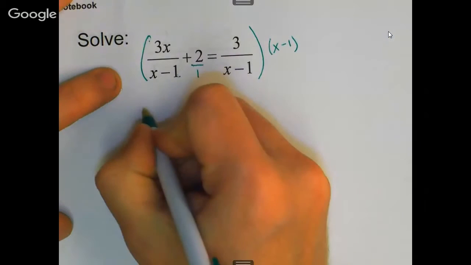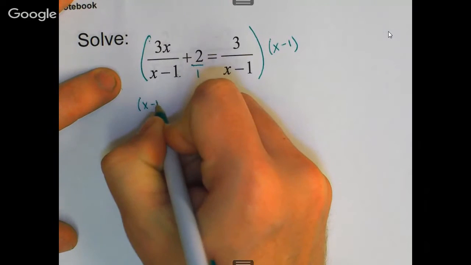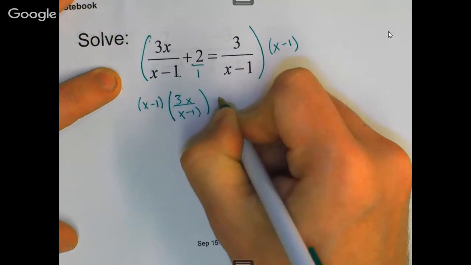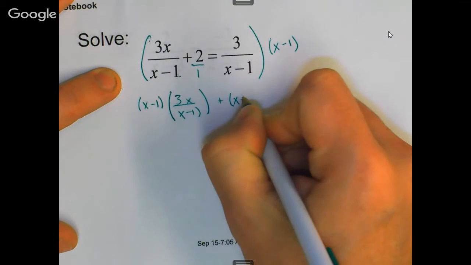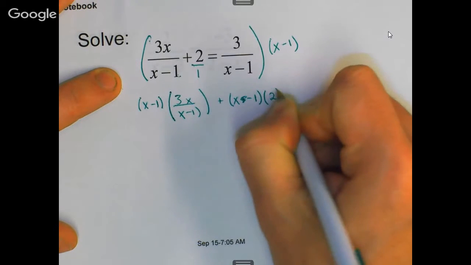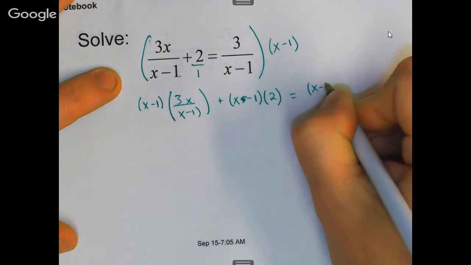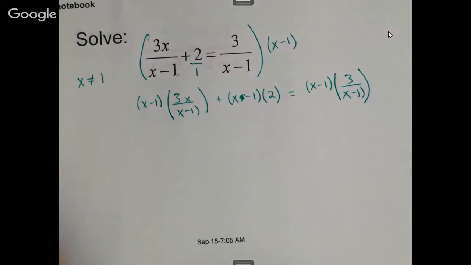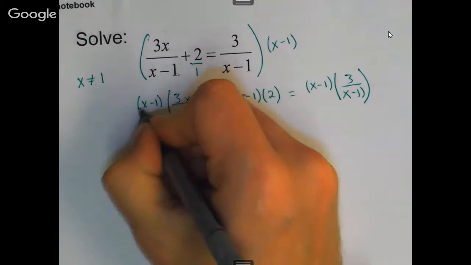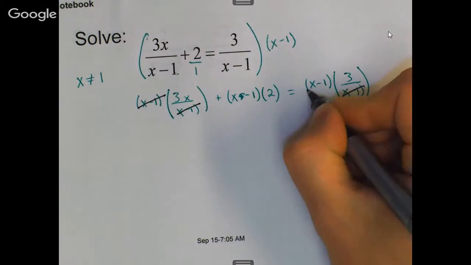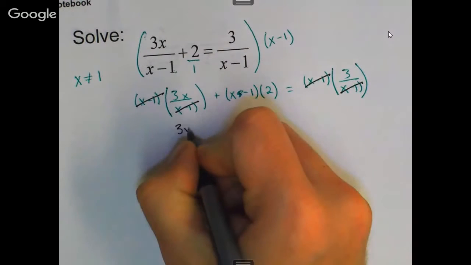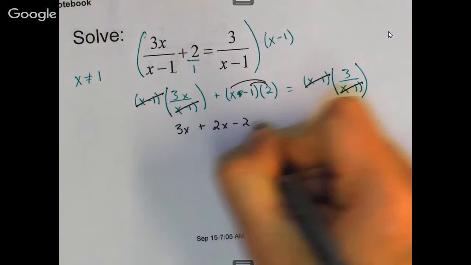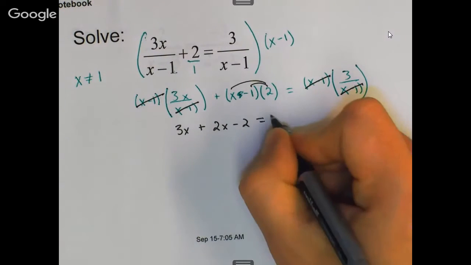So we'll say x minus 1 times 3x over x minus 1 plus x minus 1 times 2 equals x minus 1 times 3 over x minus 1. Well, this cancels with this, and this cancels with this. So I have 3x plus, distribute that 2, 2x minus 2 equals 3.